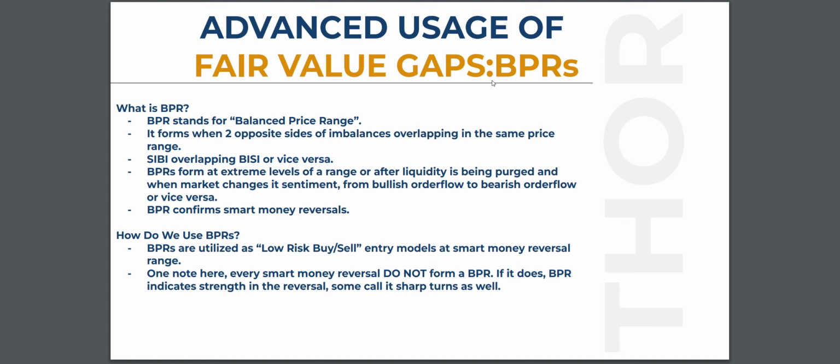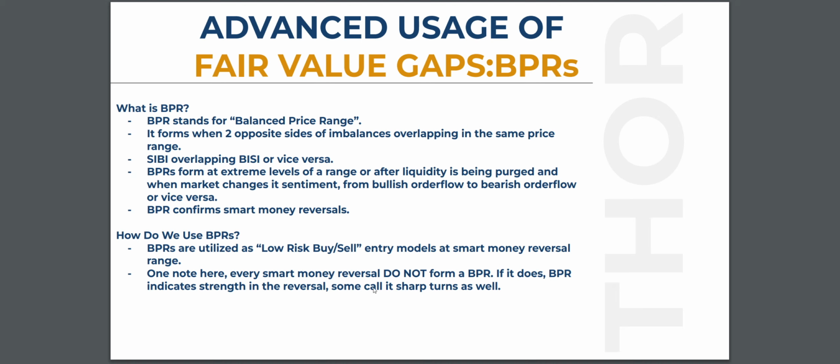Now, BPRs. BPR stands for balanced price range, right? A balanced price range forms when two opposite sides of imbalances overlap in the same price range, meaning a bearish fair value gap overlapping a bullish fair value gap, or vice versa, a bullish fair value gap overlapping a bearish fair value gap in the same price range, right?